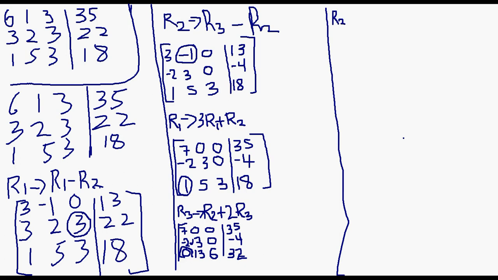Rejoice, what are you doing to change the -2 to 0? I'm coming. You said you can multiply a row.